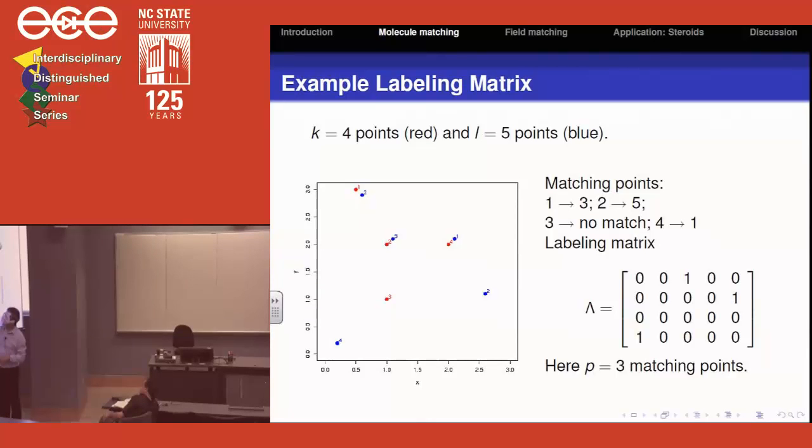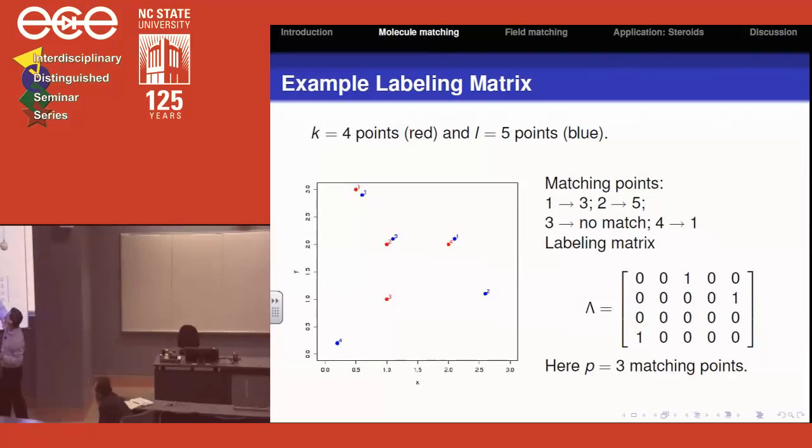And in this case, it would seem reasonable that red 1 matches to blue 3. So to indicate that, I have a 1 here, going from red point 1 to blue point 3. And then red 2 seems close to 5, so I'm going to have 2 to 5 here, 1 there. Red 3 doesn't seem to be near anything here, so that's going to be a non-matching one.